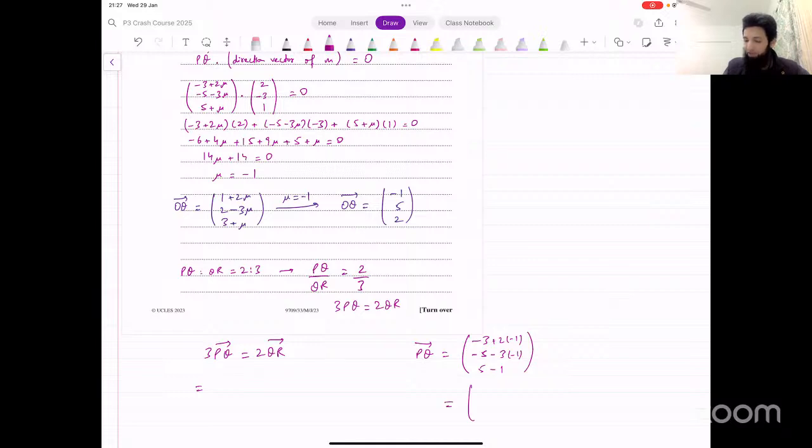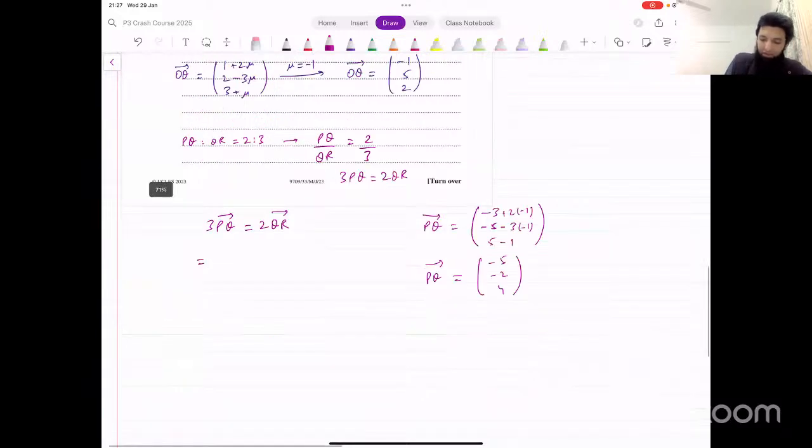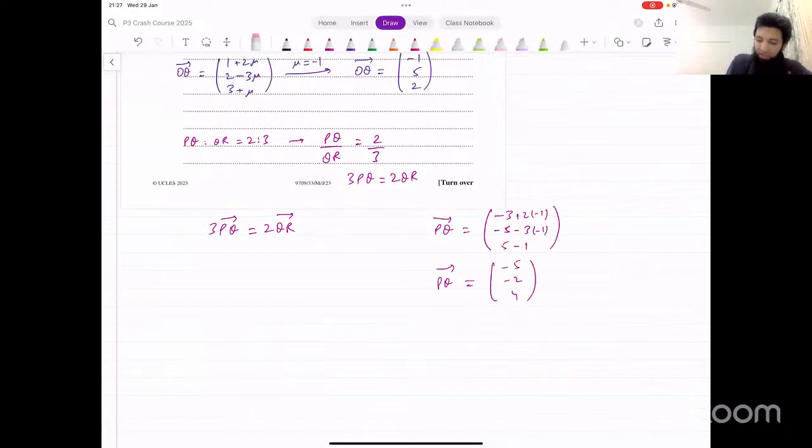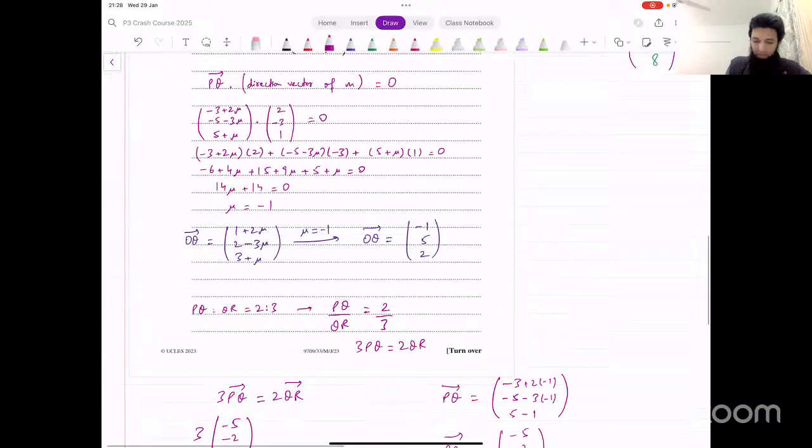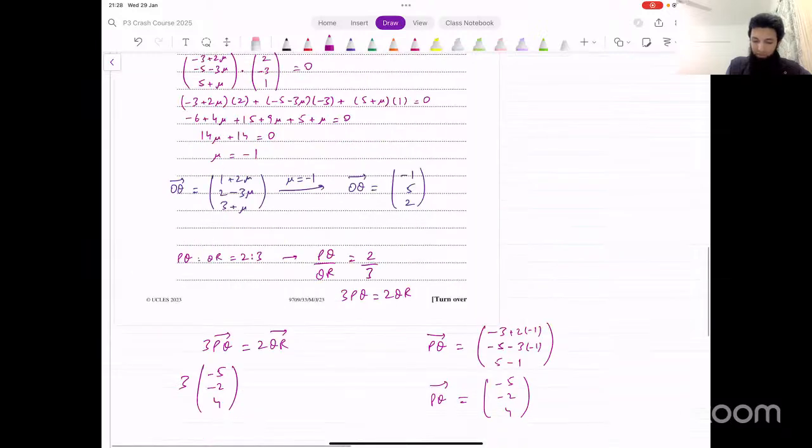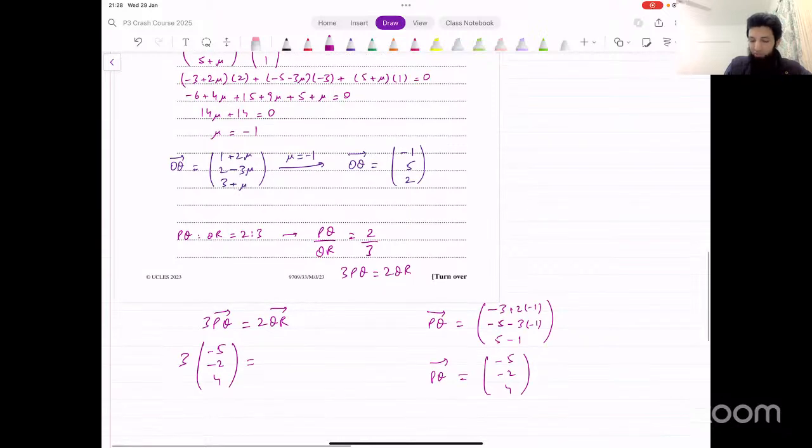And PQ vector turns out to be -5, -2, and 4. That's the vector PQ. Okay, so now we've got 3 times PQ, which is -5, -2, and 4. That's PQ. That equals 2 times QR.